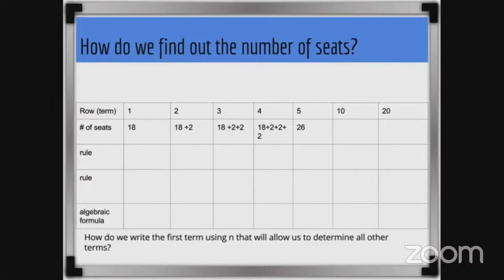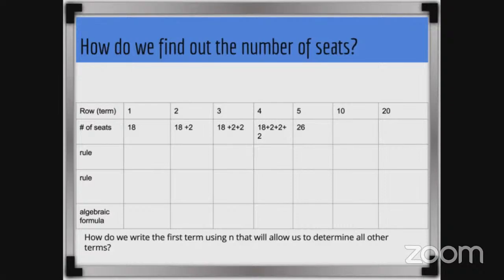No, you're right in the first formula though. There was a little error there, but you have to add the 18 because the first row has 18 seats and every other row has 2 more than the row in front of it. So the first row starts with 18, the second row is 18 plus 2, and the third row is 18 plus 2 from the second row, and then 2 more into the third row.